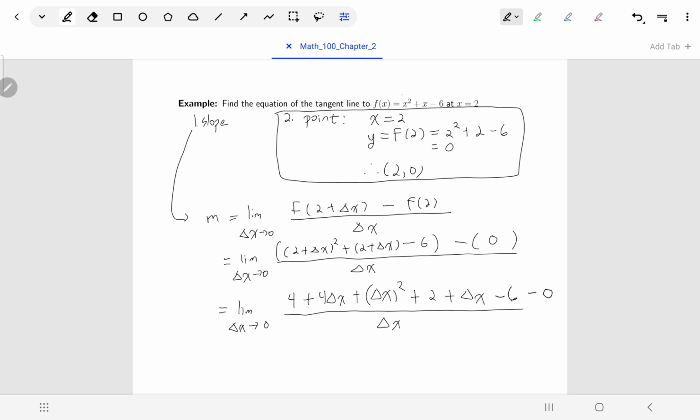All that adds up to 0, and I've got a 0 and a minus a 0, so really all of those are going to be gone. The only thing that's going to be left in my numerator will be the 4 delta x, the delta x squared, and the other delta x. So in other words, if I were to simplify that, I'd have 5 delta x plus delta x squared. So I'm going to continue this on the next page.